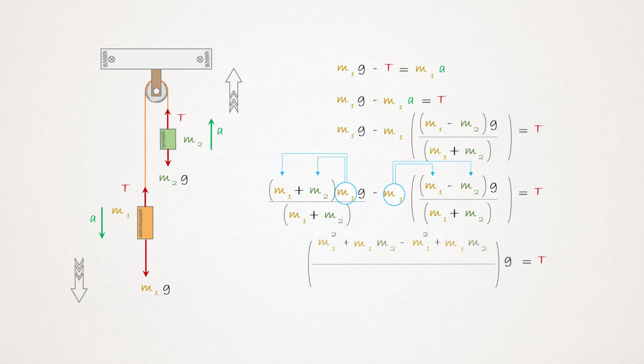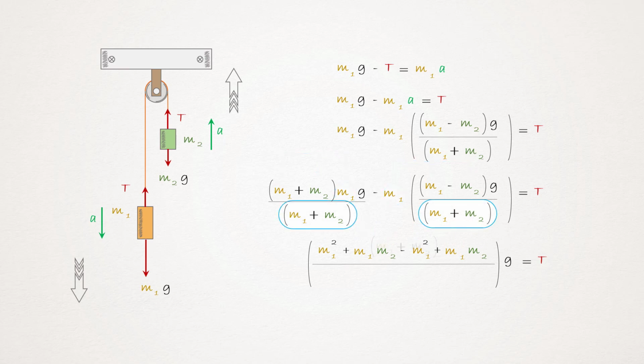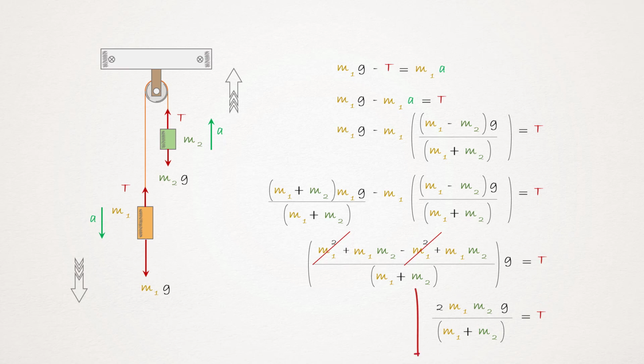Now we can multiply this inside here. Everything goes into one fraction since now we have the same denominator. M1 squared cancels and we have 2 of these, M1 M2 g. And how do you know you were on the right track? Again, you test your result with values that can produce situations that you already know.